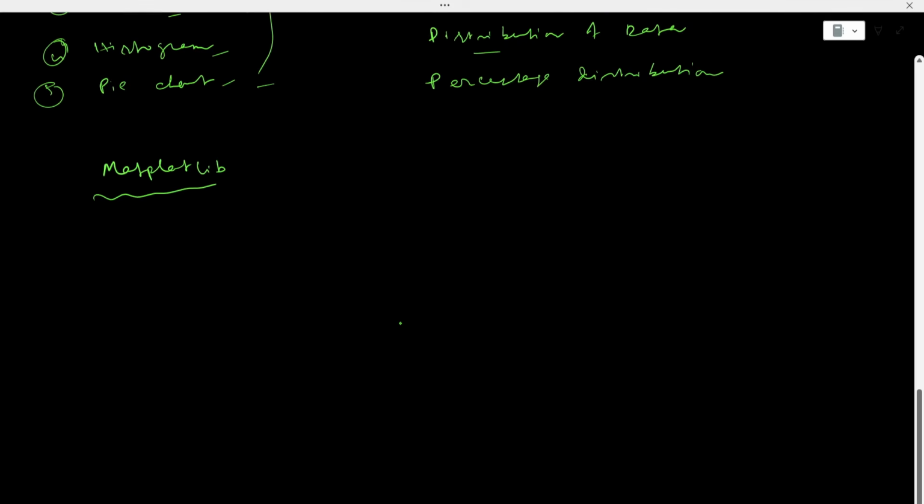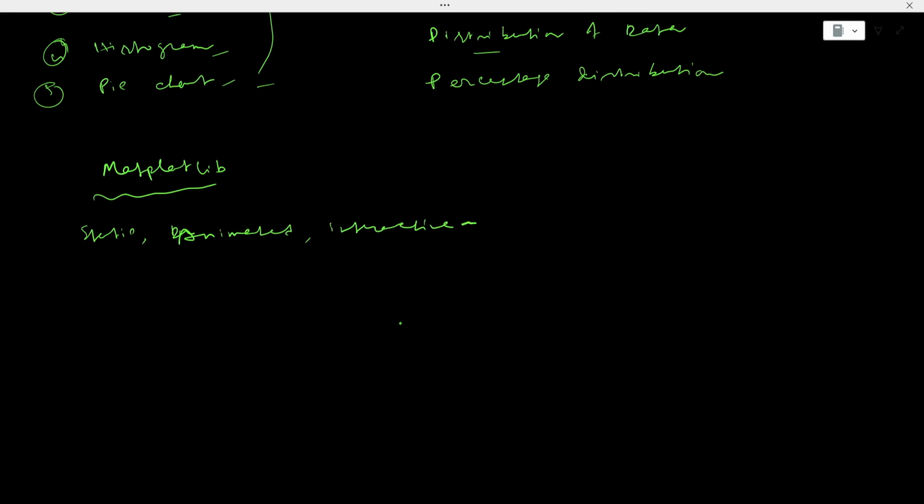Matplotlib is a library for creating static, animated, and interactive visuals. So in Matplotlib, we can create static, animated, and interactive visuals in Python.